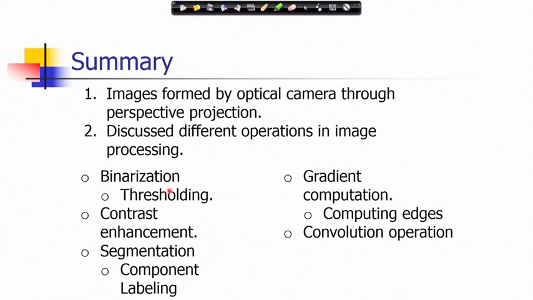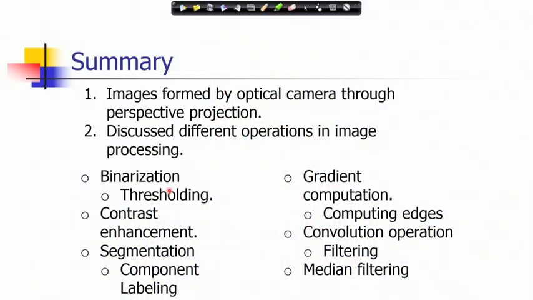In the convolution operation, we also introduced the concept of filtering, which is computation with a mask. A mask consists of weights in its cells, and the weighted sum gives you the corresponding output. And then we also discussed median filtering at the end. So, here let me stop. Thank you very much for your listening.